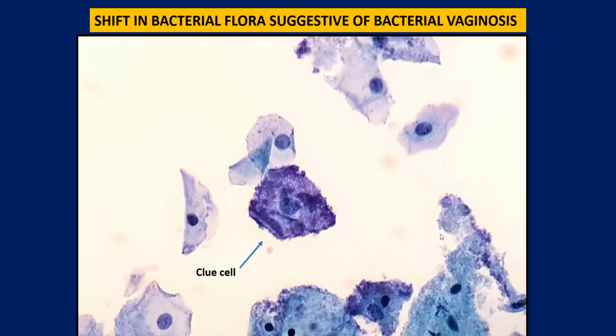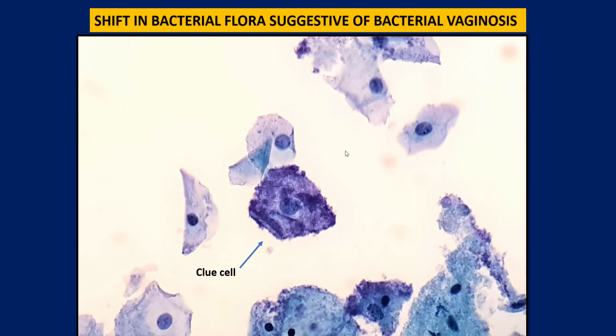What we see over here is something which we need to report. That is, if we find anything on the cervical smear which suggests, and this is very important, a shift in the bacterial flora, suggestive of bacterial vaginosis.